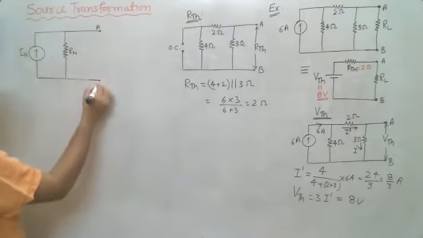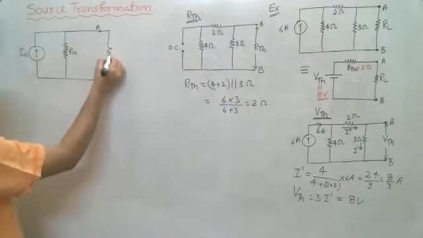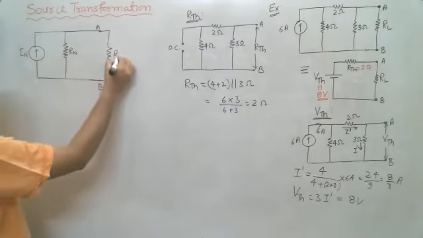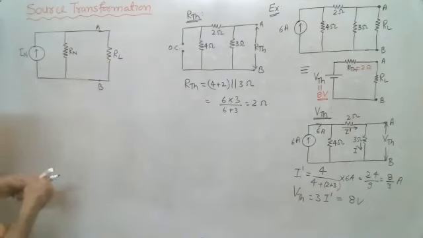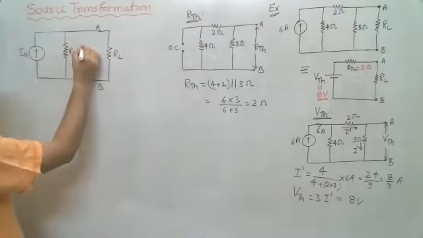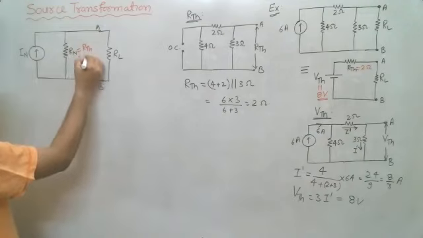This point is A and this point is B. This is connected across RL. RN is same as RTH. So this will be 2 ohms.